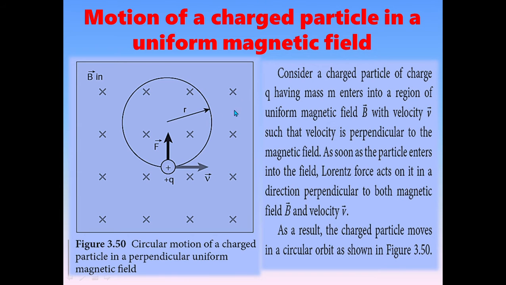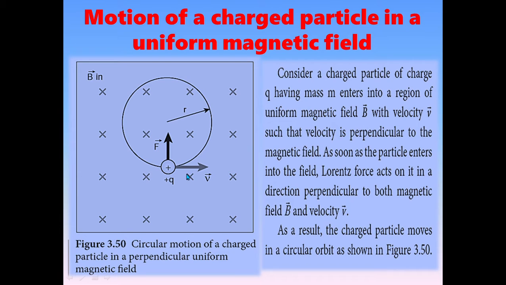So consider a charged particle of charge q and mass m entering a region of uniform magnetic field B vector with velocity v vector, such that the velocity is perpendicular to the magnetic field.